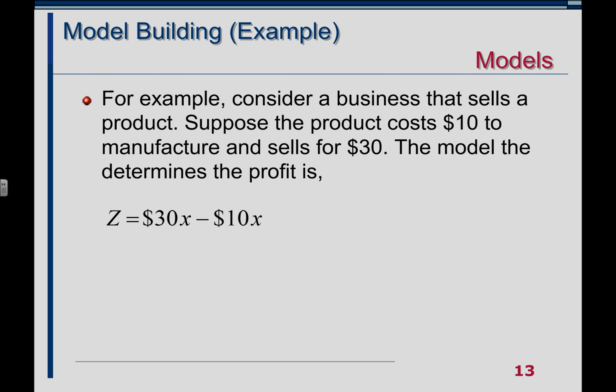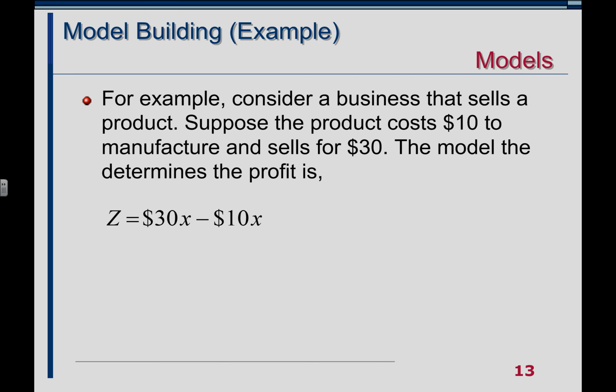So as an example, consider a business that sells a product. Suppose that the product costs $10 to manufacture and it sells for $30. So the model that determines the profit is simple. A lot of times in operations research, we denote the objective function as Z. It's just a standard. Why? I don't know.